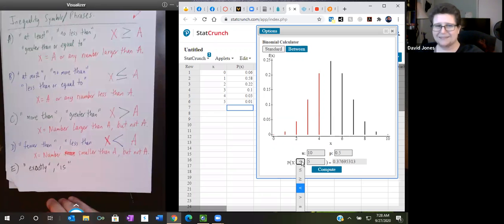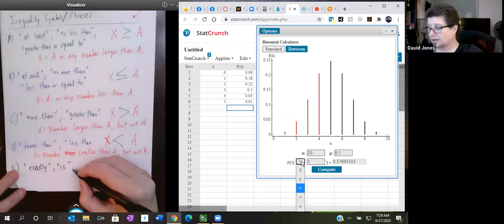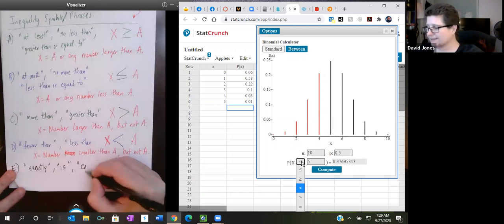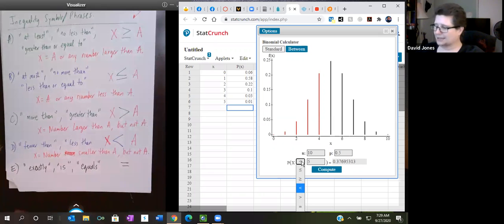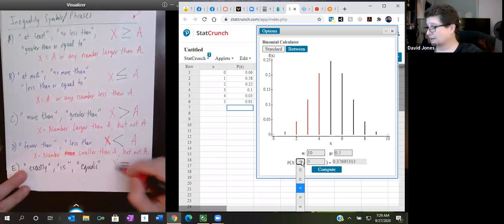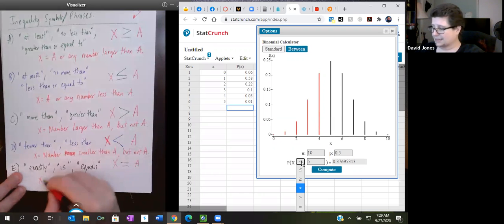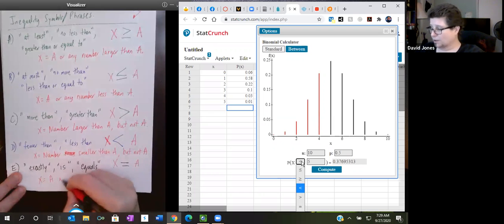The roll is 7. The roll is exactly 7. The roll equals 7. And those all lead to the symbol X equals A, and no other value.